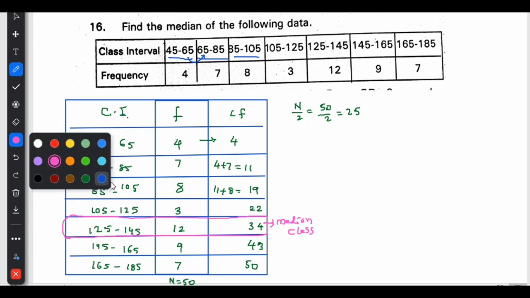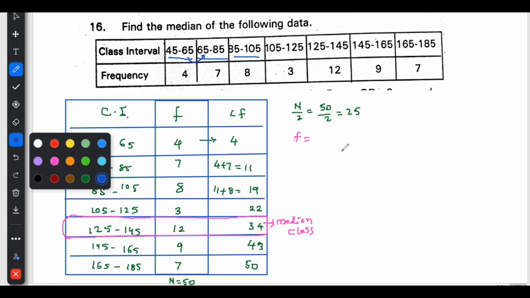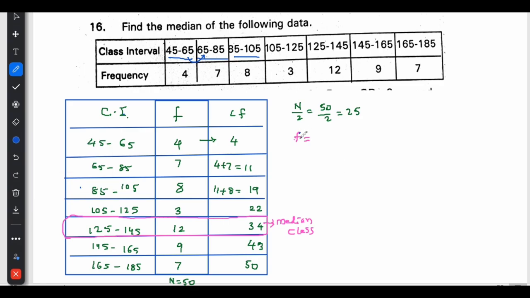Now I can take the required values for the calculation. f, the frequency of the median class, is 12. cf is the cumulative frequency preceding the median class, that is 22. l is the lower boundary of the median class, 125.